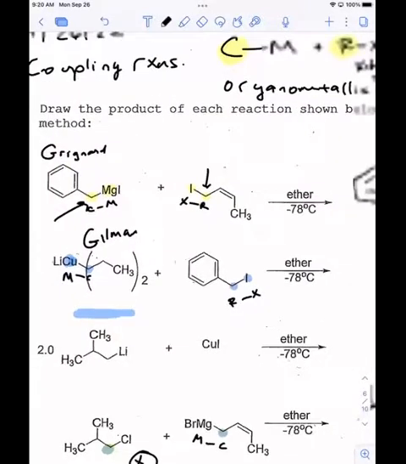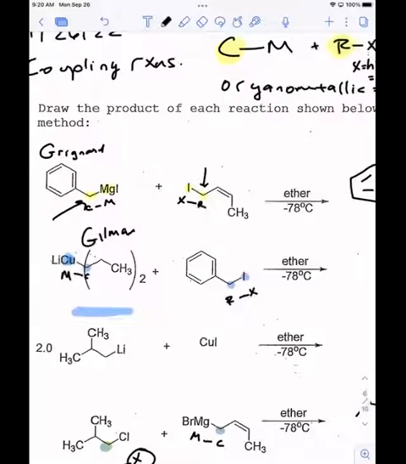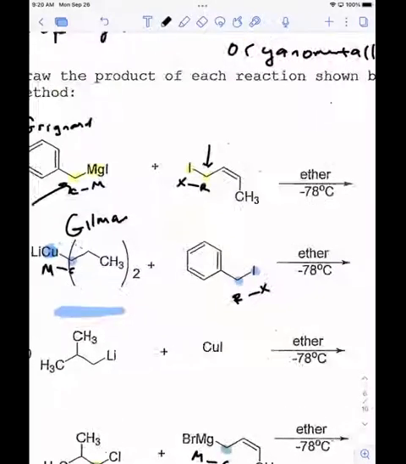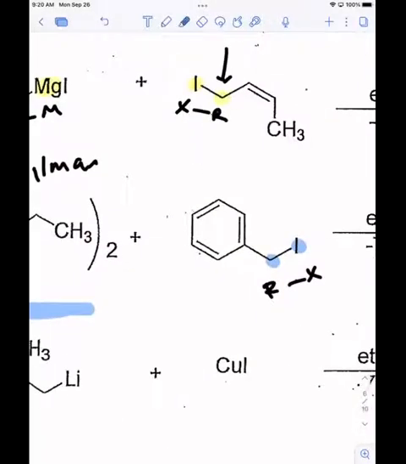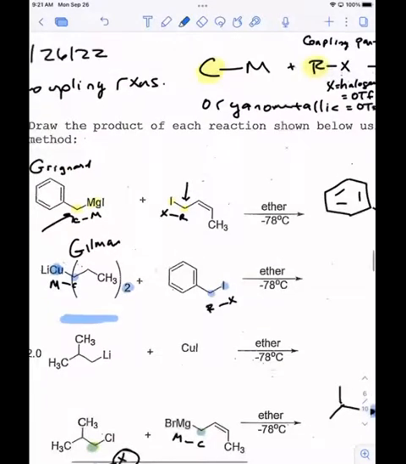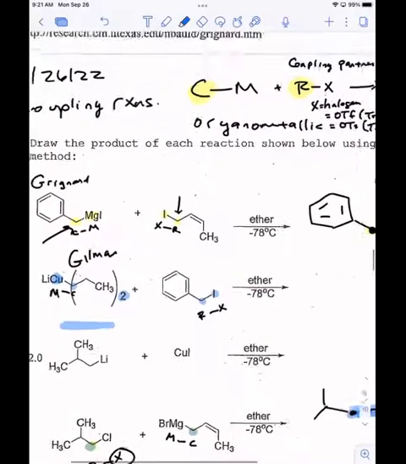All right, so what am I putting together? With the Gilman, we have to remember a couple of things. Number one, it's still going to couple like a normal organometallic, but only one of these is going to get transferred. Even though you have two of those attached to your copper, only one is going to get transferred over. Let me draw the product and then we'll go back and talk about what happened.